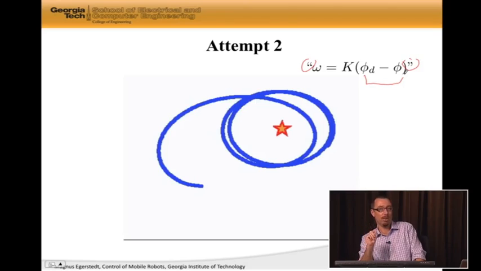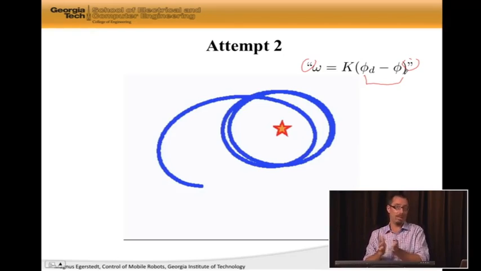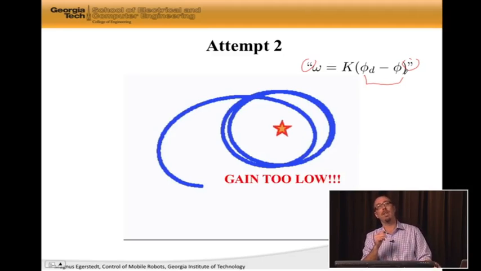And in truth, if you're controlling v and omega at the same time, you need to be more smart in your control design than just a PID regulator on the heading error. But since this is what we're doing right now, simply what we should observe is the gain is not high enough. K is not high enough to steer us towards where we would like to go.